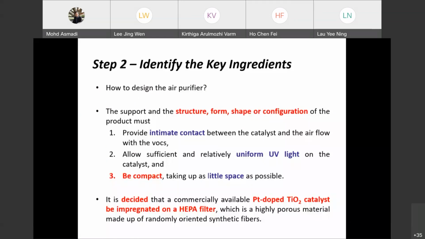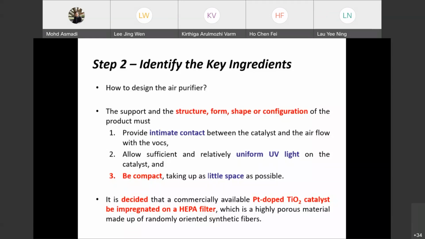Because the airflow has VOC, it should contact the catalyst. Of course, we need a pump or something that can draw the airflow so it can easily go inside your air purifier. Allow sufficient and relatively uniform UV light to hit the catalyst and also your VOC to do the reactions. And then be compact, because maybe it should be portable, not really big, because we have only little space.